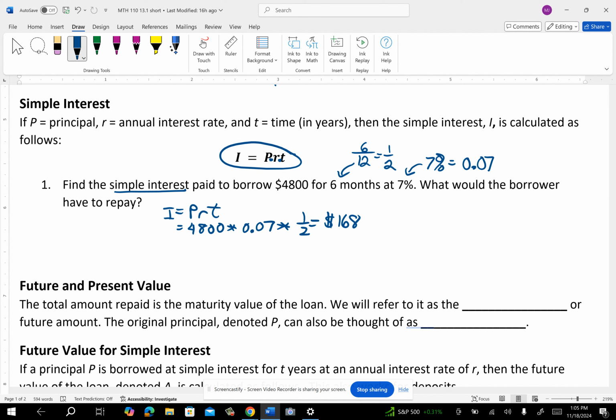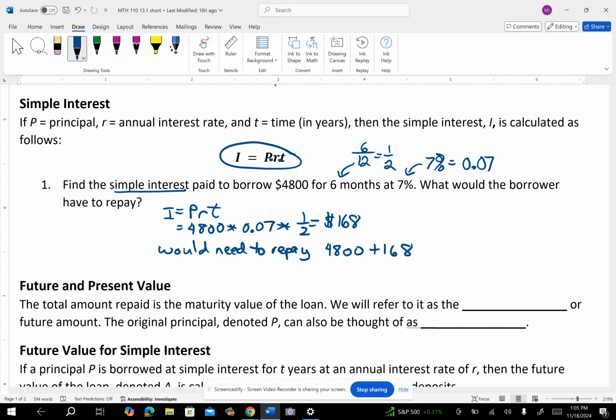Now, there's another piece to this, though. They also want to know, if we were the borrower, what would we have to repay? We would need to repay that $4,800 we initially borrowed, but we'd also have to pay that extra $168, that interest.